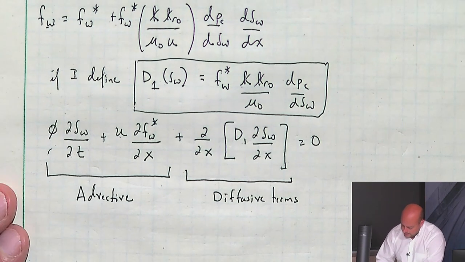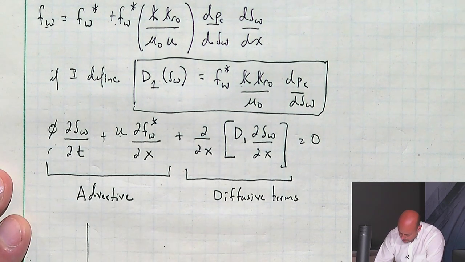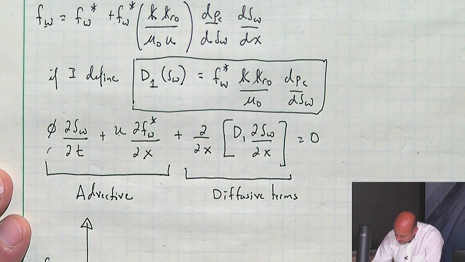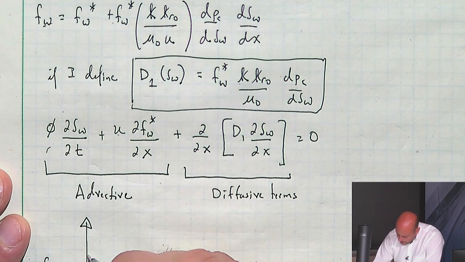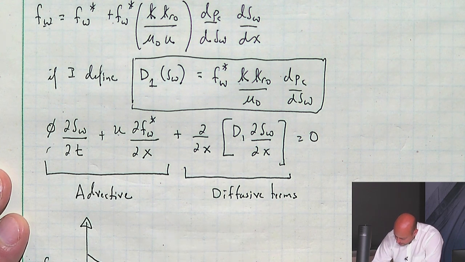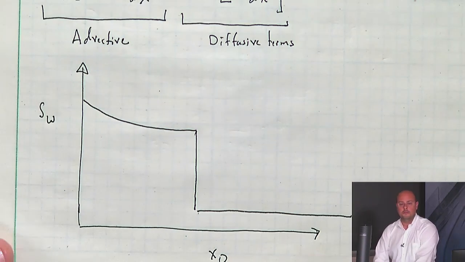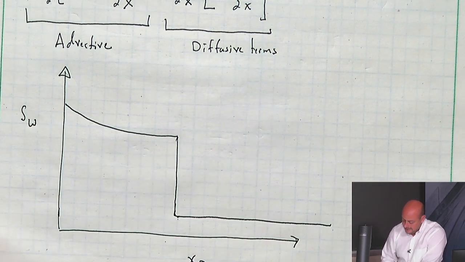The net effect is that if you plot water saturation versus XD, remember at a given breakthrough time we normally get something that looks like this. We get this sharp front, that's our shock front.